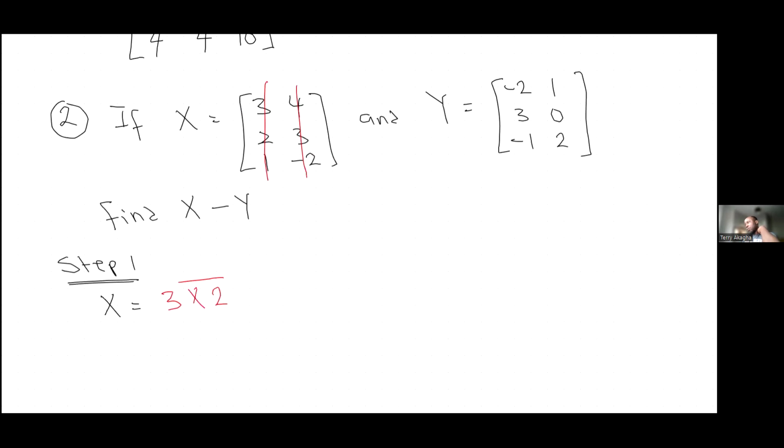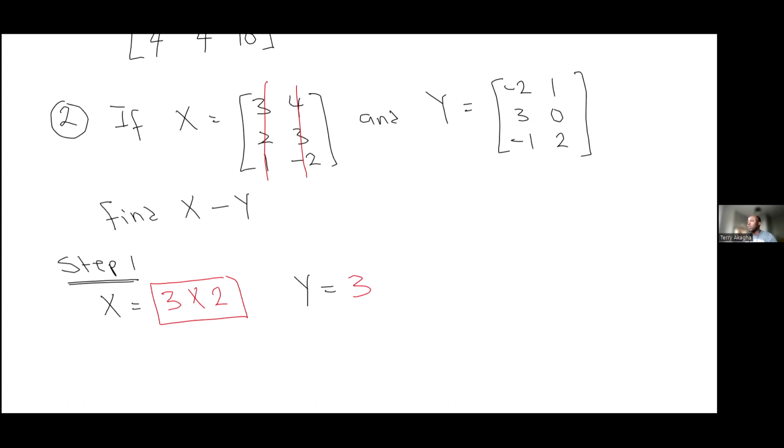Are you seeing it? All right, so let us check for y. What type of order is y? We do the same thing for y. How many rows? 1, 2, 3. We have 3 rows, okay? Now for the columns, we have 1, 2.